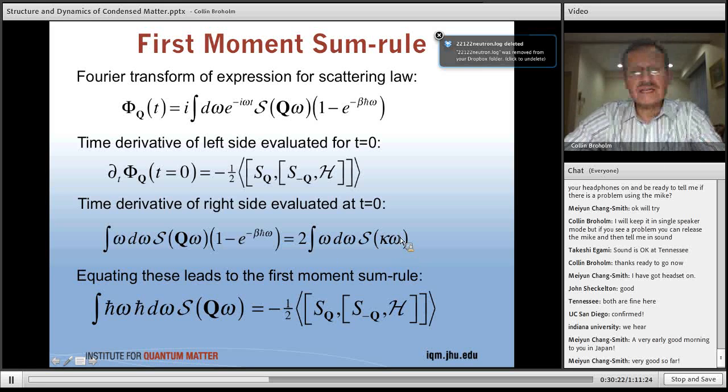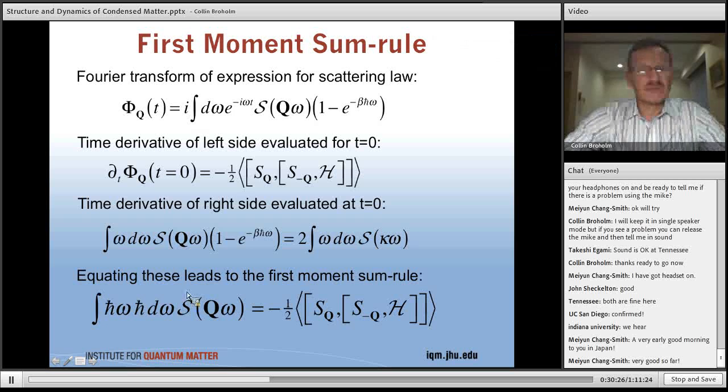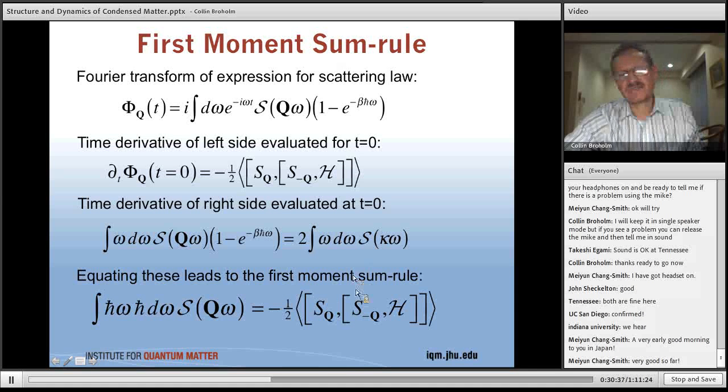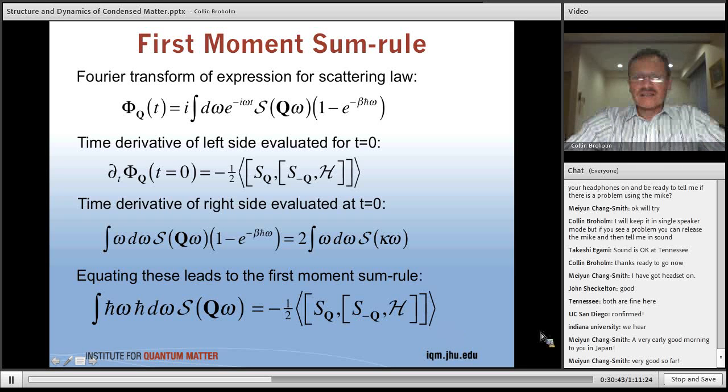But its importance here is that through this expression on the top, I end up with this lovely relationship between a first moment of S of Q and omega and an equal time expectation value of this double commutator. And you could say, well, why is this so useful? I'll tell you, it's useful because the right-hand side is actually not a very complicated thing to calculate.